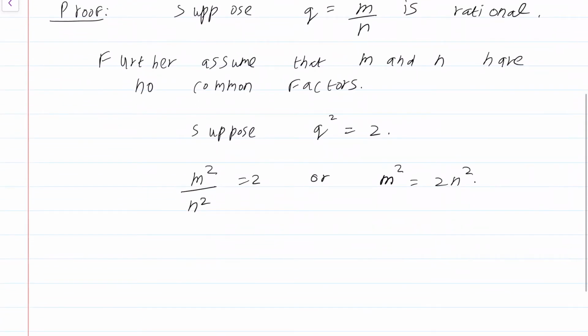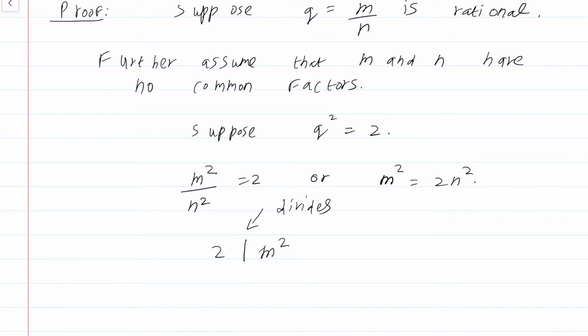Okay? Now, what does m squared equal to 2n squared tell us? It tells us that 2 divides m squared. This vertical line just means divides. Because the right hand side is 2n squared, 2 must divide the left hand side, which is m squared.